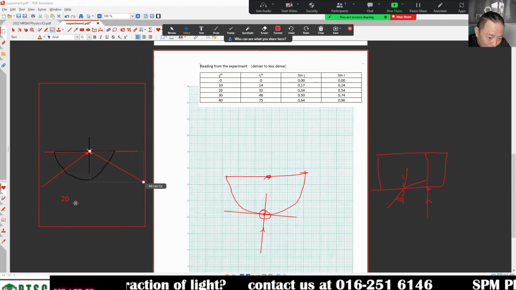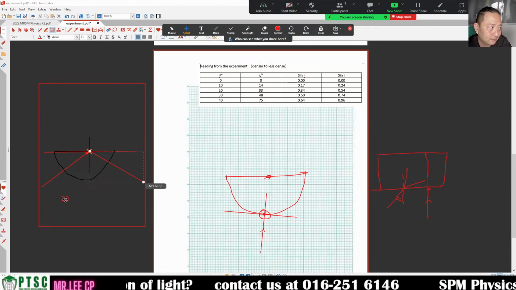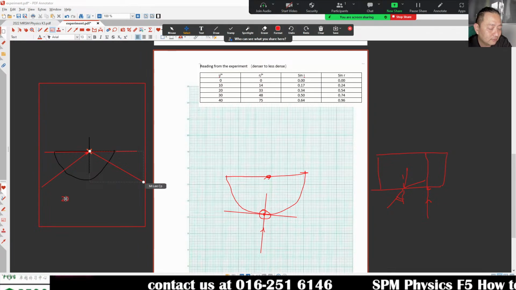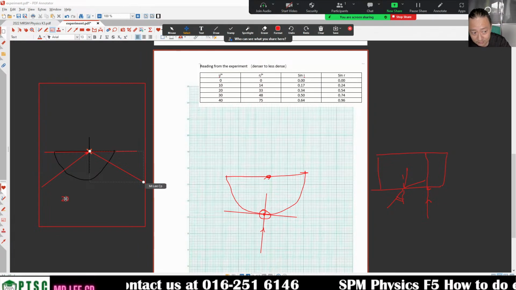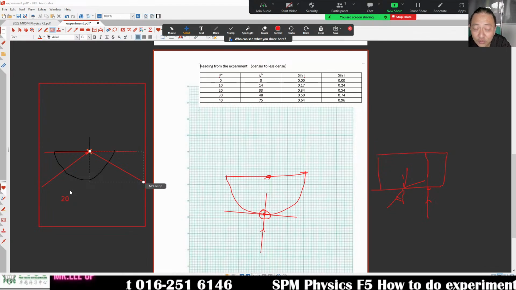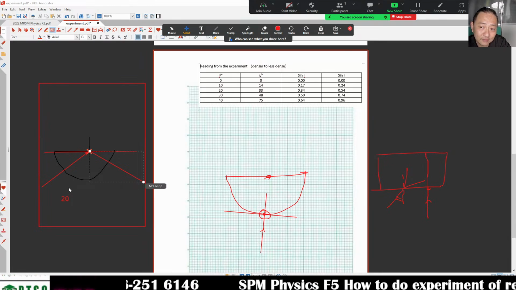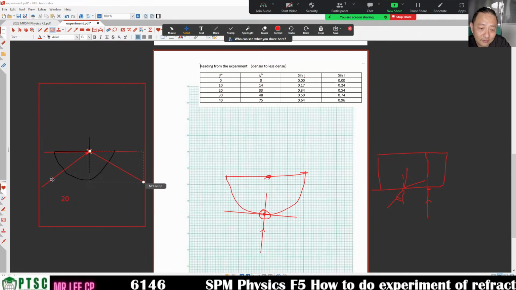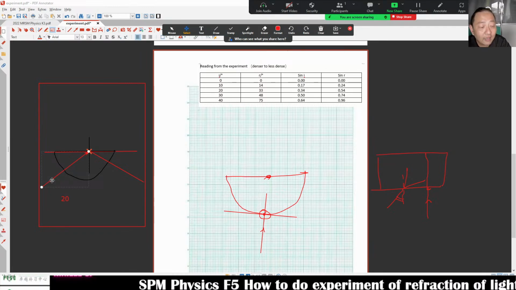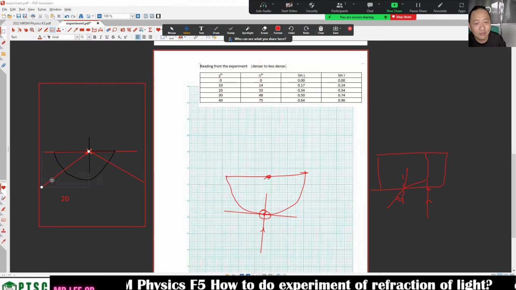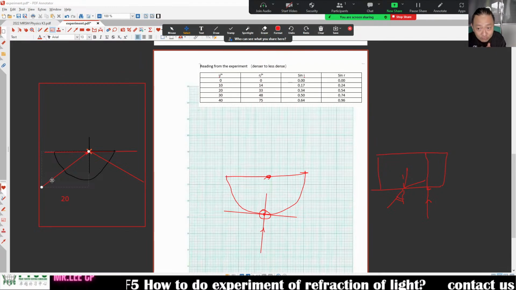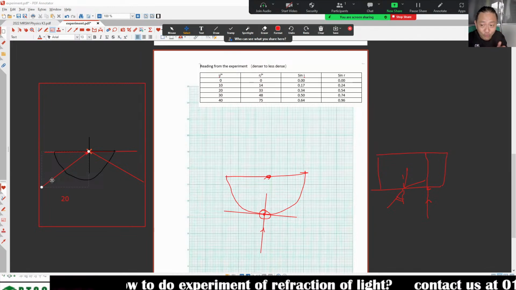Now, I want to ask you, can I start with 20? The answer is yes, but your values have to be very close to each other: 20, 25, 30, 35, 40.